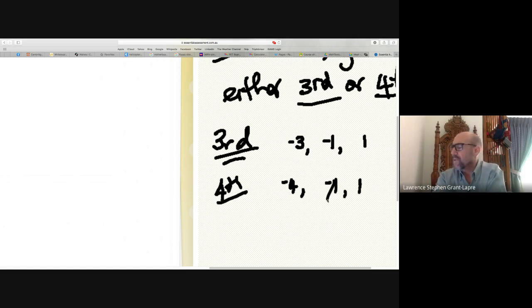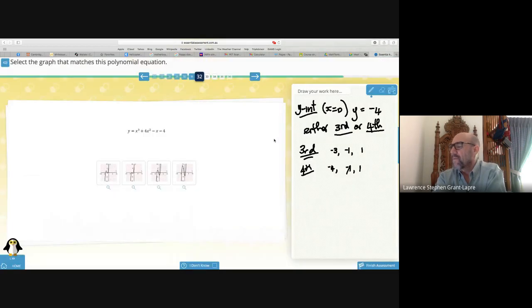Because the other two points are the same. So if you substitute -3, you've got to get 0.